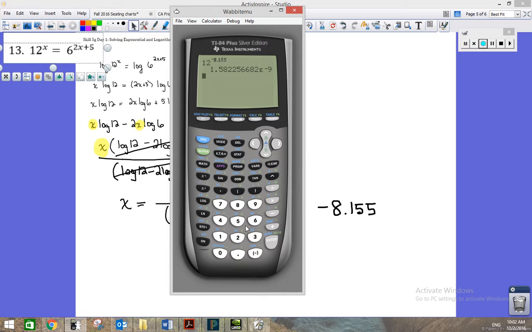On the right-hand side, if I have 6 raised to the 2 times negative 8.155 plus 5, you can see that it has 0.58, and then it starts to differ, 225 and 164, but the exponents are the same, so the same number of zeros, which is 9 zeros, this is a pretty small number. So our approximation is pretty good. These are almost approximately equal. They would be equal to 3 decimals, I'll bet you.